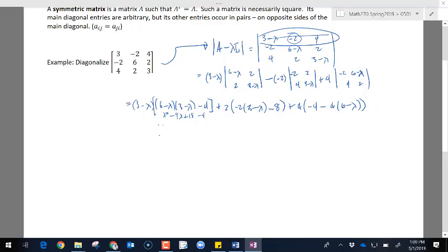So this is lambda squared minus 9 lambda plus 14. Plus 2 times, can we do this? Minus 6 minus 2 lambda minus 8.